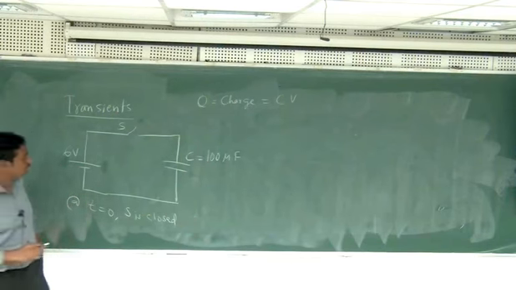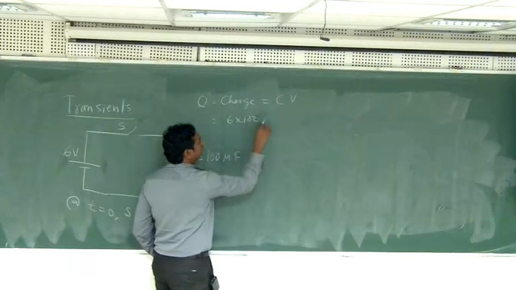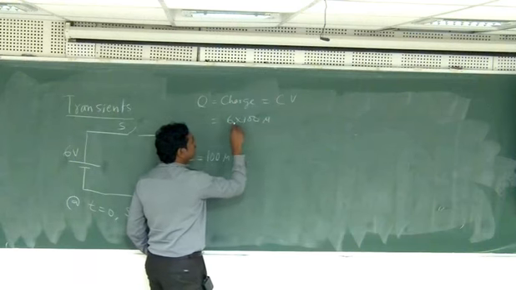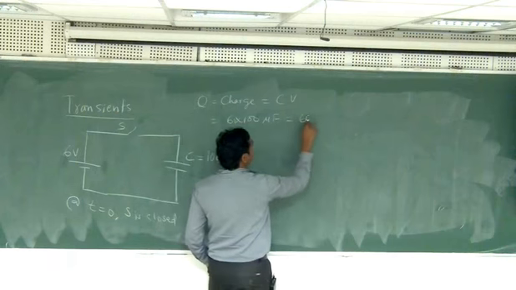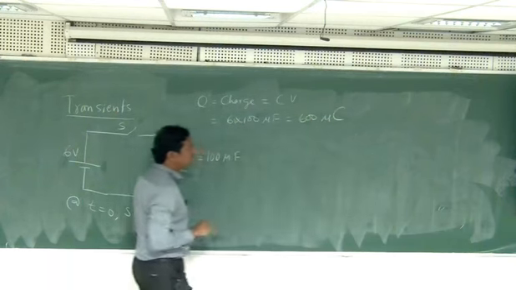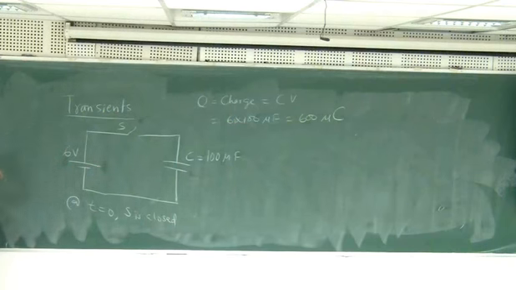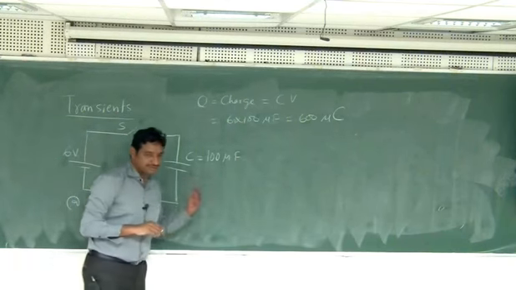C into V, so 6 volts into 100 microfarads. That will become 600 microcoulombs. C is the symbol for coulombs. That much charge will be stored in this.